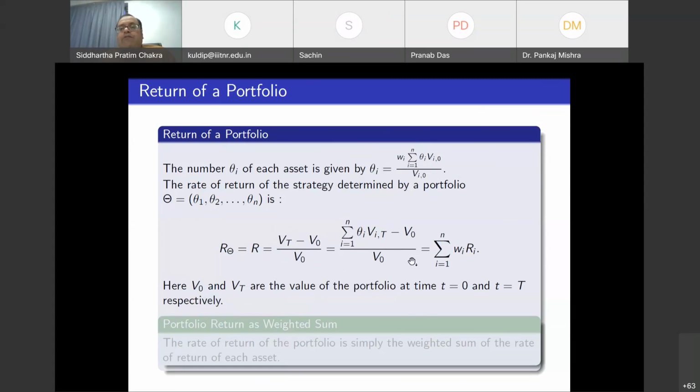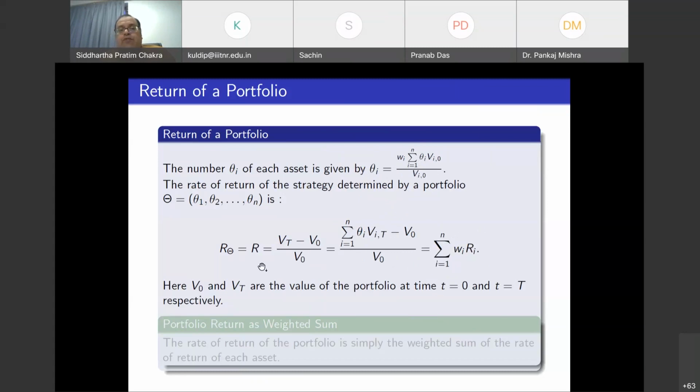So once you have this formulation, you have theta i Vi of t minus V0 over V0. Then if you replace this value of theta i with these values here and do a little bit of manipulation, you will arrive at this relation: summation of Wi Ri, i equal to 1 to n.